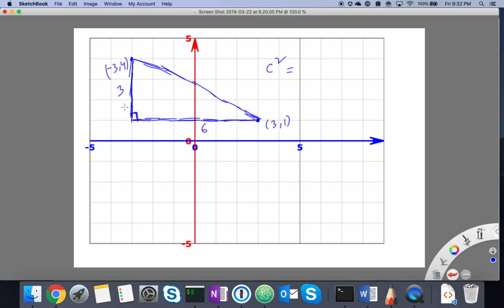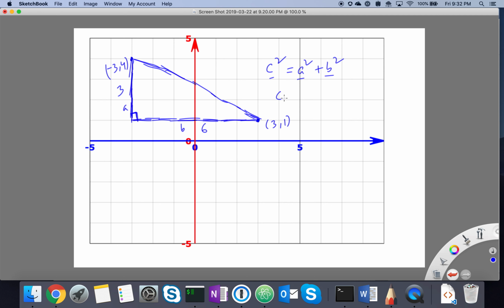If this leg is a and the second leg is b, then c squared equals a squared plus b squared. A and b are the 2 legs of the right triangle, and c is the hypotenuse length. We just need to find c.